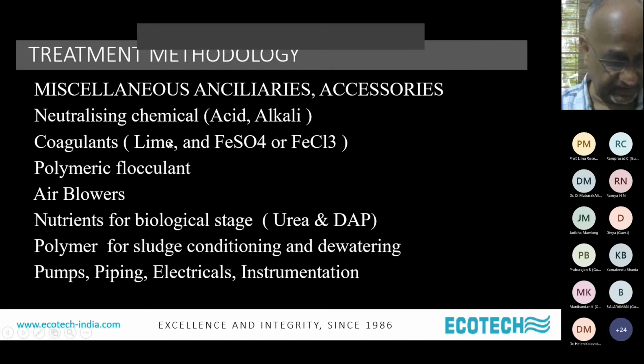So lime is an adjunct chemical which has to be used. Lime itself is a good coagulant, in fact. Polymeric flocculant should be used, along with air blowers, nutrients for the biological stage, polymer for sludge conditioning and dewatering, pumps, piping, electricals, and instrumentation. So these are the other ancillaries and accessories you need apart from the treatment units themselves, so that an ETP is a whole.